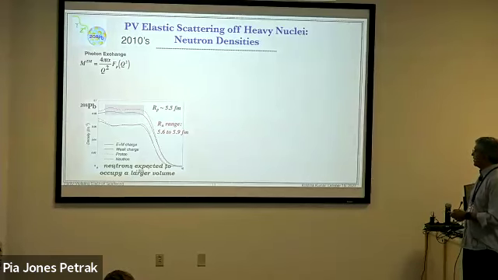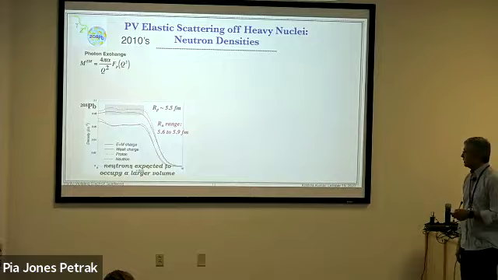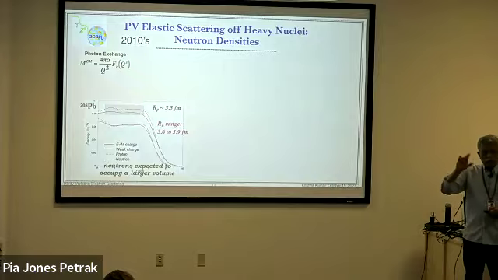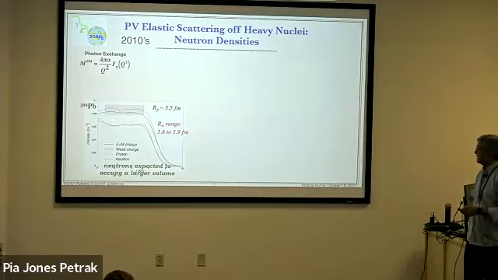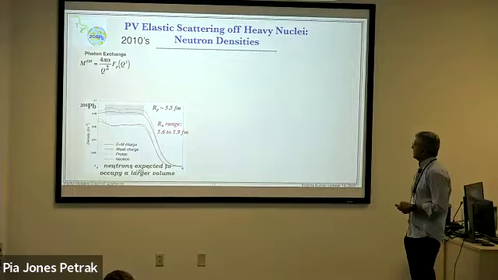So there is a big error bar on this dashed curve, okay, which is not shown here, because there are many models that make different predictions. So in fact, the neutron radius is anywhere from 5.6 to 5.9 femtometers.